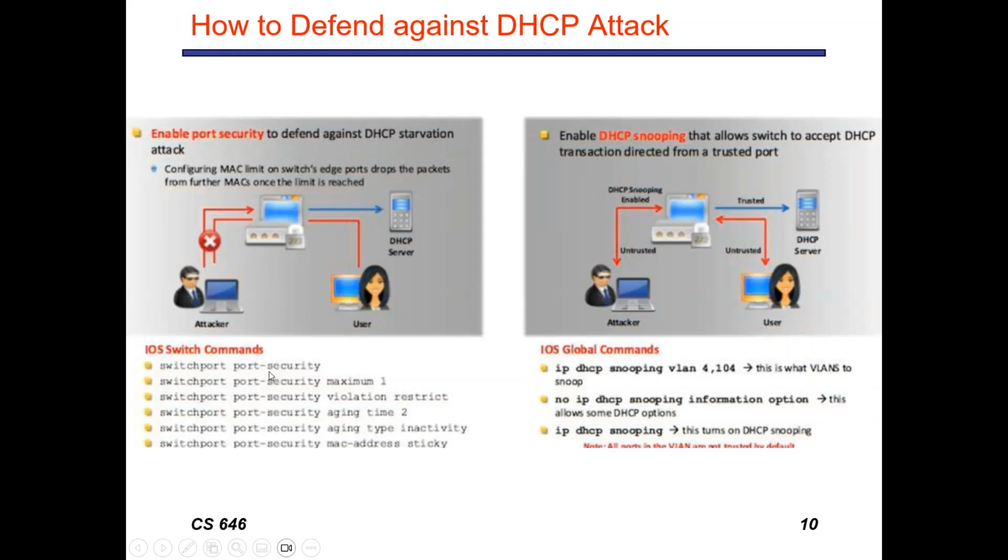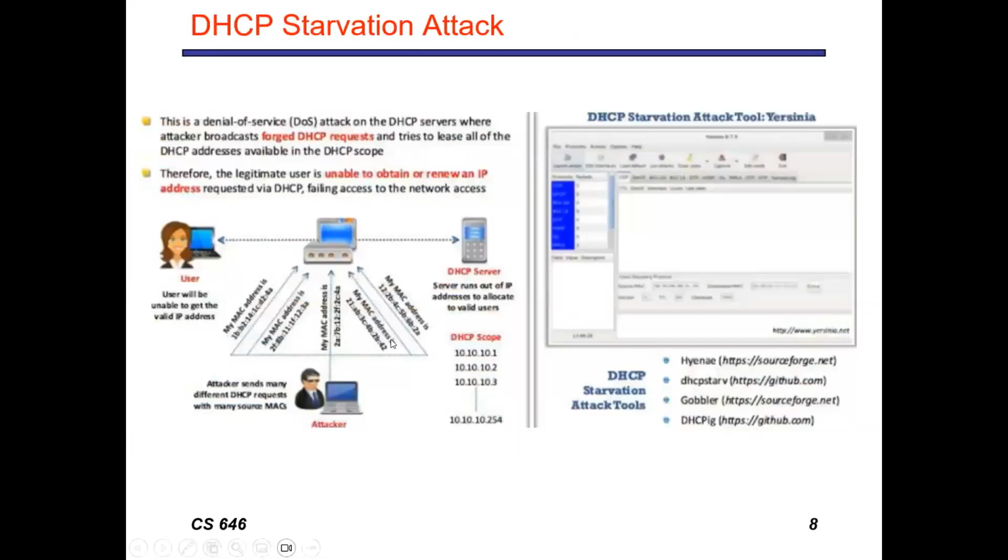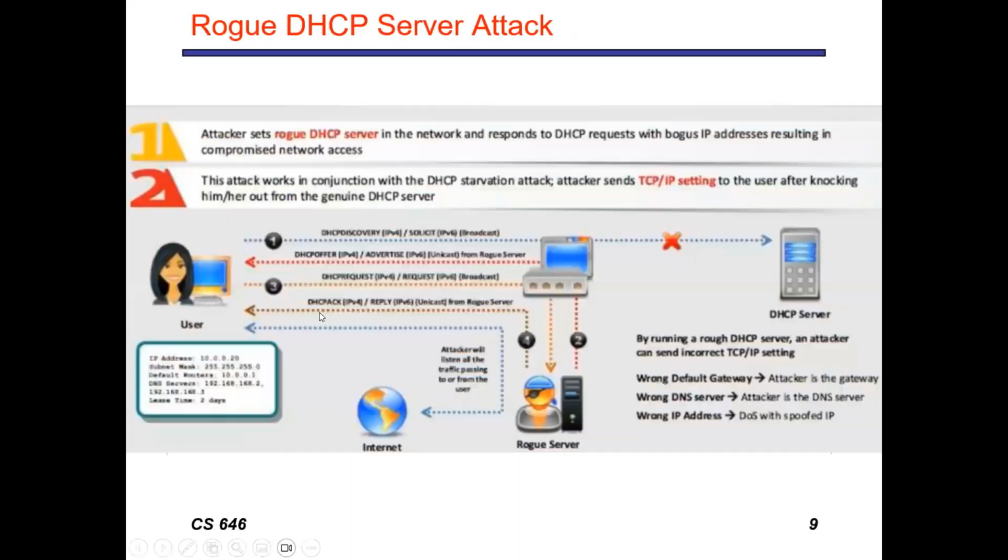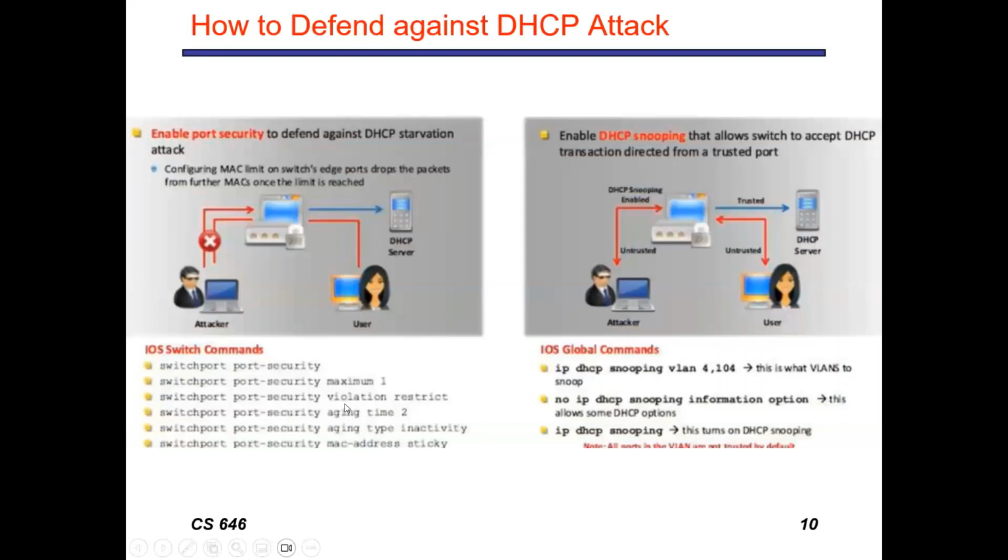You can see the commands here where you basically allow a maximum of 1 MAC address on the port, and if the MAC address changes, the port will be disabled or become inactive. So here you can see that we are defining that the maximum number of MAC addresses allowed on a port is 1. So when the attacker is launching a DHCP starvation attack, multiple MAC addresses are coming from the same port, so the port security will basically protect it.